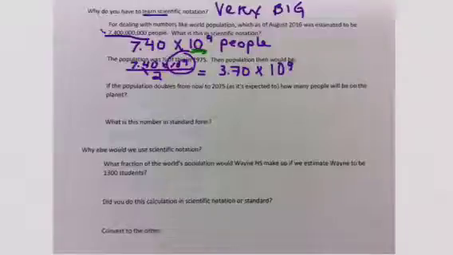Now, next one. If the population doubles by 2073, which is expected, how many people are going to be on the planet then? Well, we'll take our original number and this time we have to double it. So we take 7.40 times 10 to the 9th and double that.